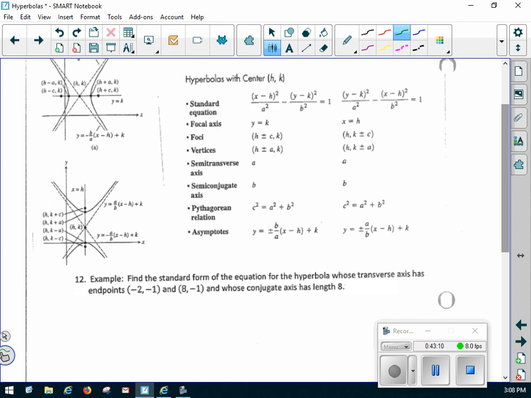When you have to draw one that's not got a center at the origin, drawing that little box is a lot easier. Remember, if your branches open left and right, you're leading with your X. If your branches open up and down, you're leading with your Y.